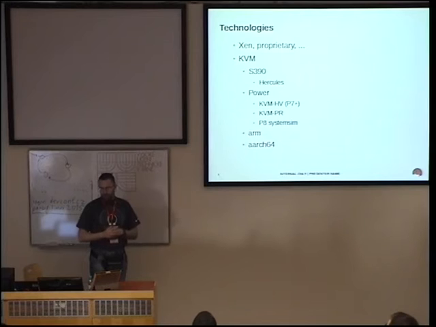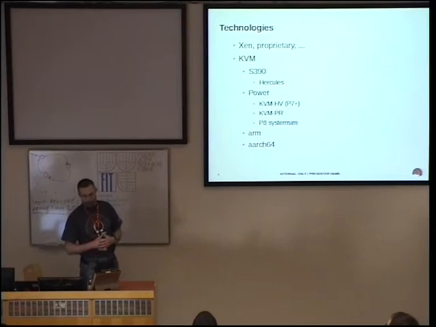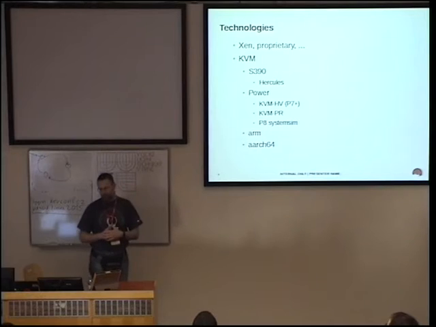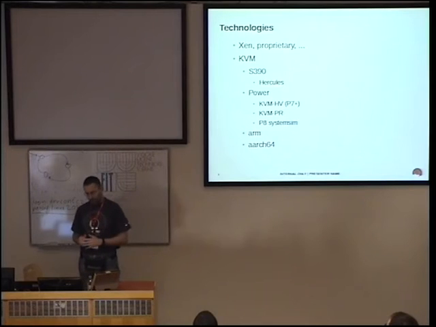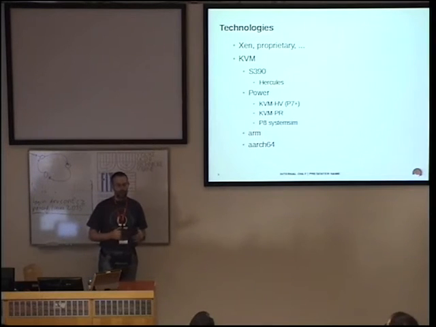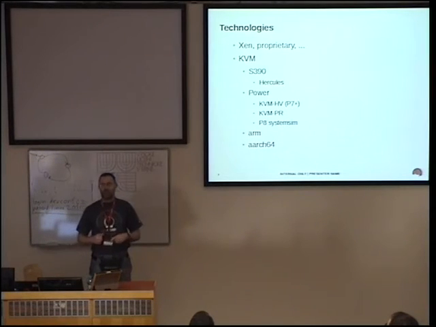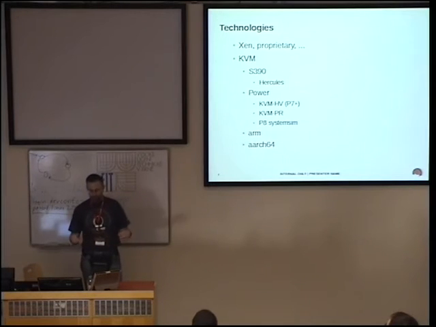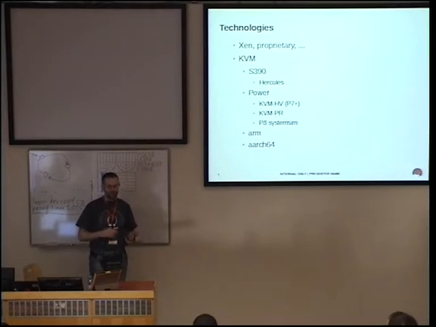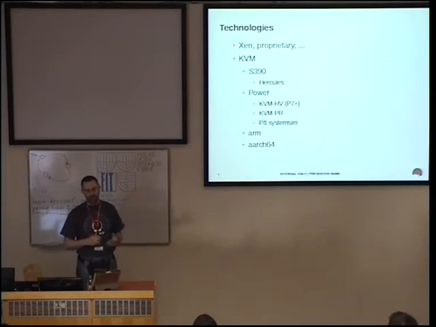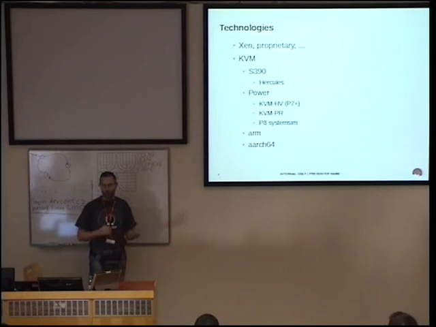For IBM Power Architecture, there are even two kinds of KVM. One is KVM HV, which is the real KVM, I would say. It is the KVM we know from the other architectures, where the KVM process provides a real hypervisor for the upper layers, directly connected with the CPUs and with the underlying architecture.